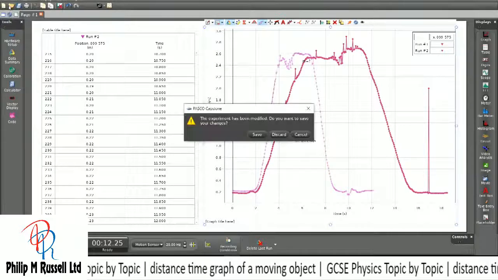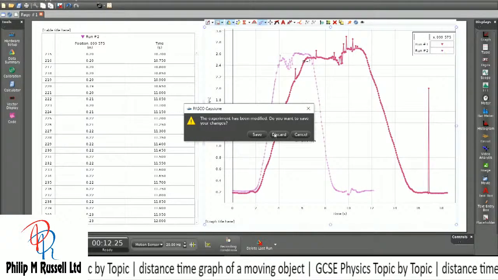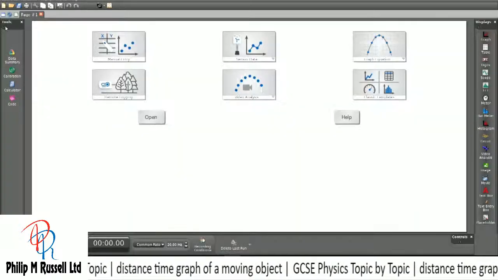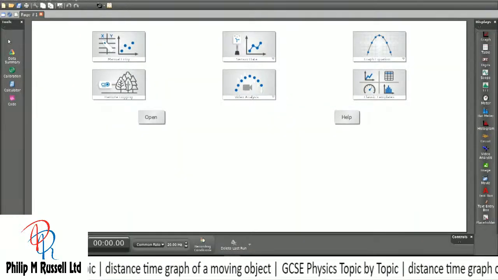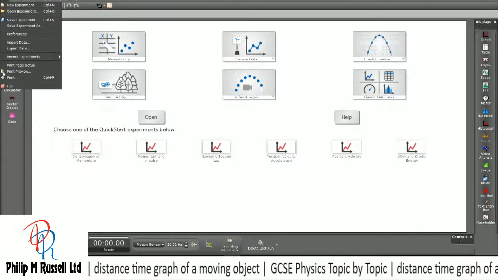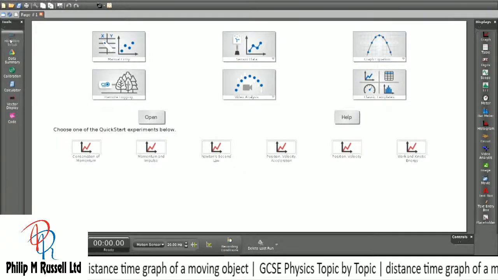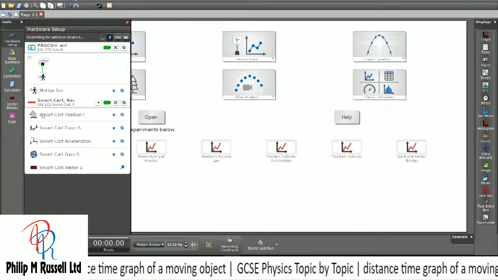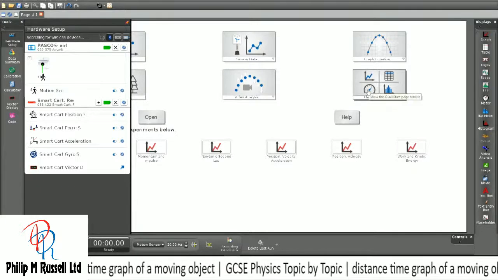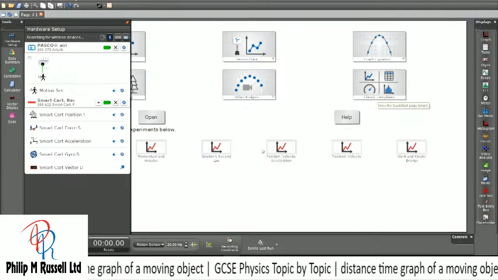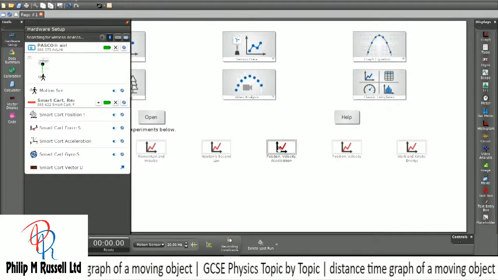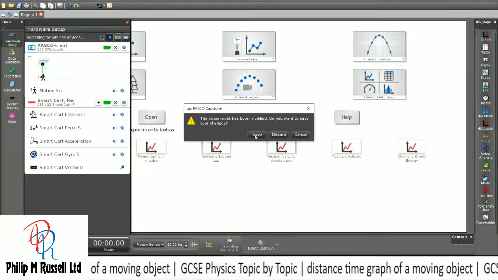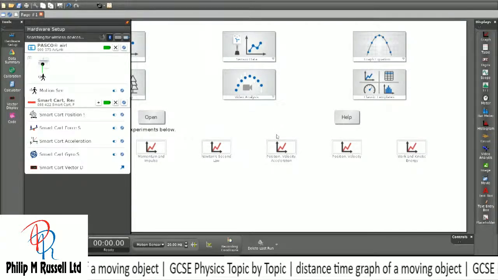A new experiment. The hardware I'm going to use here is just going to be the smart cart, and what I'm going to do is look at position, velocity and acceleration, so I might as well do all of those at the same time.